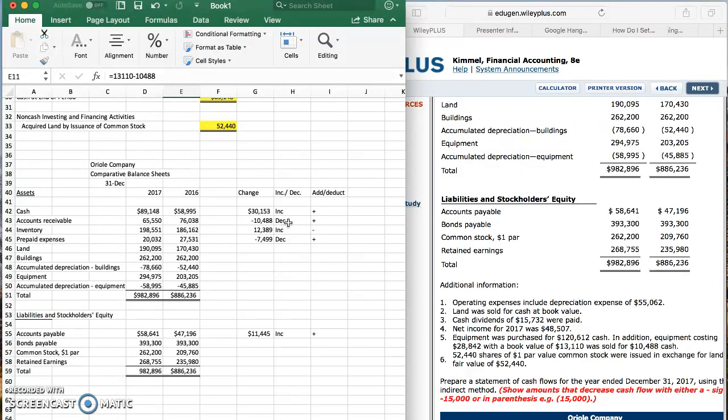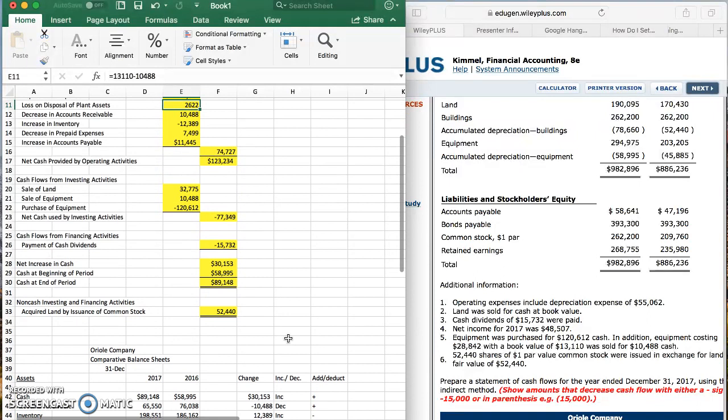And so we found that cash was increased by this amount from the 2 years. Accounts receivable was decreased by that factor. Inventory was increased by that factor. And prepaid expenses was decreased by that factor. And accounts payable was also increased.